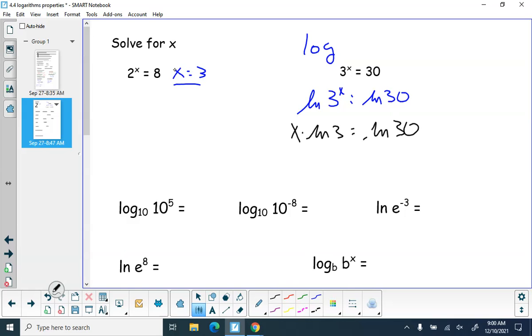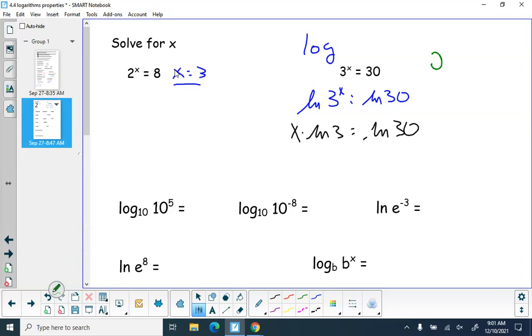Now solving for x, Emily, what do you have to do to both sides? I have x times the ln of 3 is equal to ln of 30. What can we do to solve for x? I have a variable times a number is equal to a number. I want to solve for x.